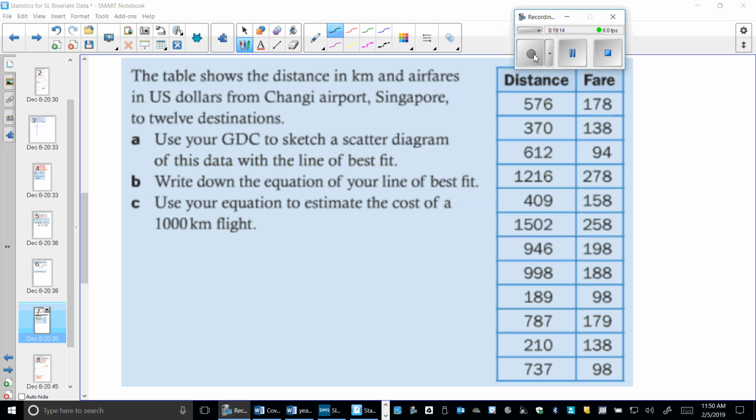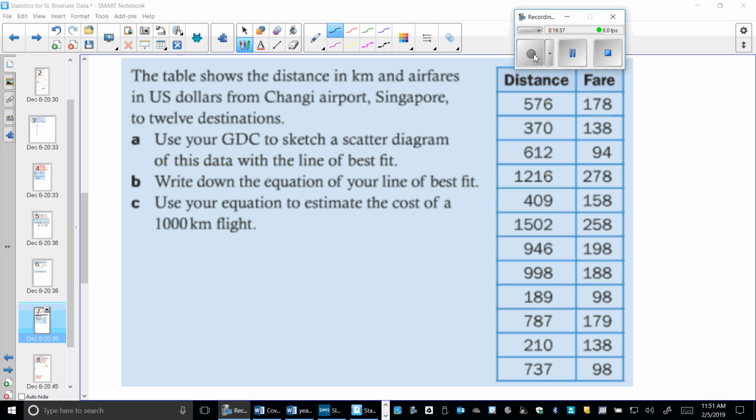And then Y is the fare. Do I include the categories, or just press OK? You can just press OK.